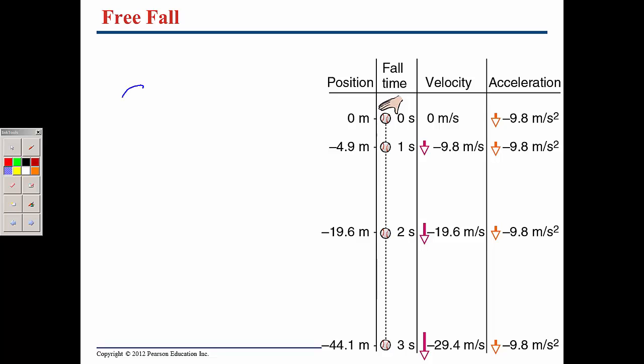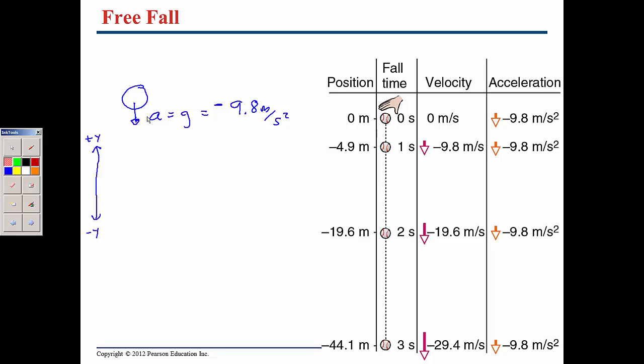So if we look at an object under free fall, it's going to be accelerating due to gravity, which is going to be 9.8 meters per second squared. And if we choose our reference frame such that this is the positive y direction and this is the negative y direction, then our acceleration would actually be negative 9.8 meters per second squared.